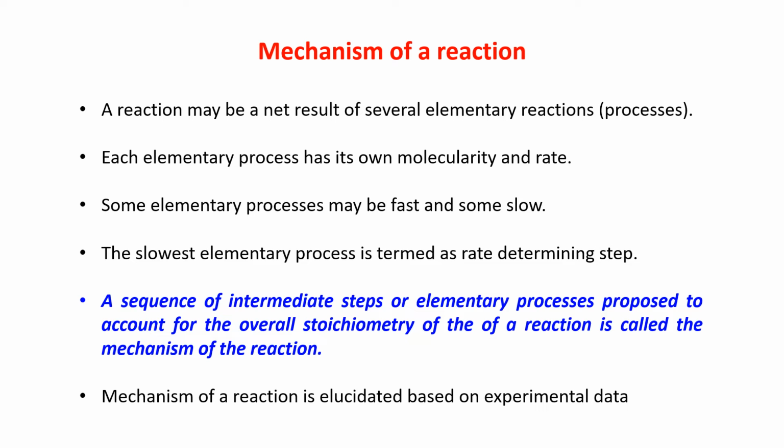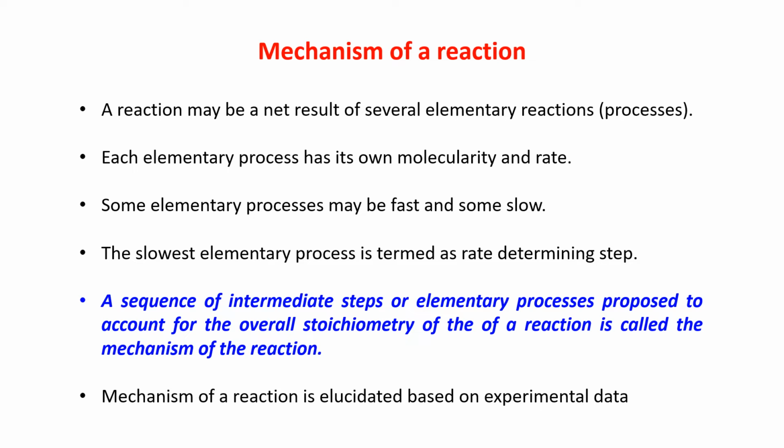The fifth point: a sequence of intermediate steps or elementary processes proposed to account for the overall stoichiometry of the reaction is called the mechanism of the reaction. The mechanism of a reaction is elucidated based on experimental data. How to write the mechanism of the reaction? It will come through the experimental data only.